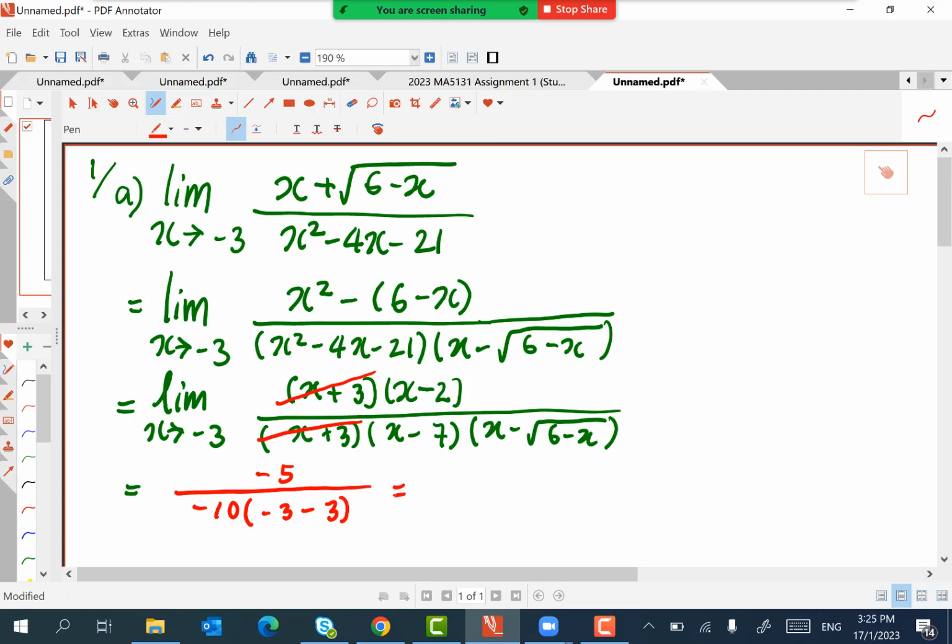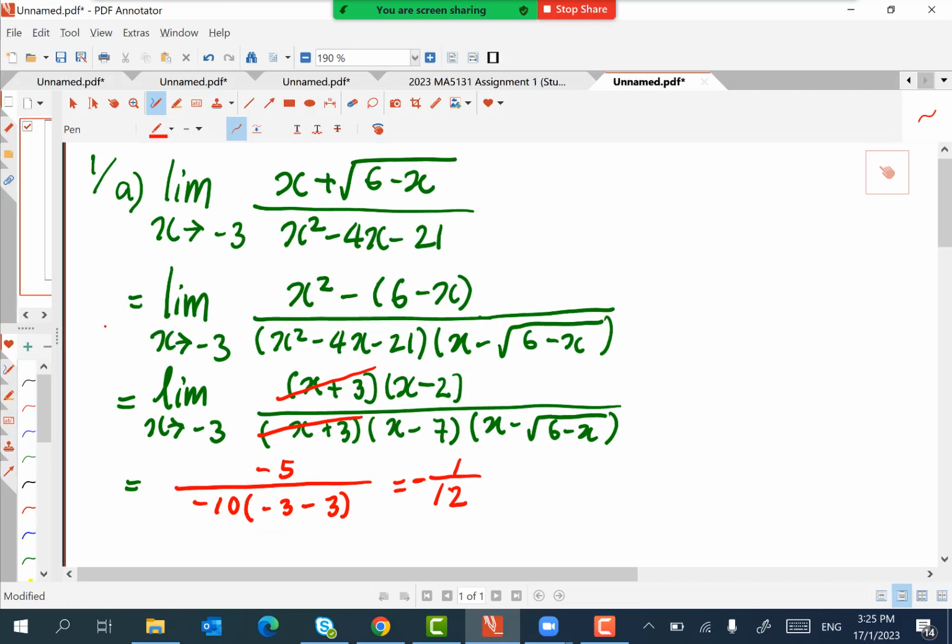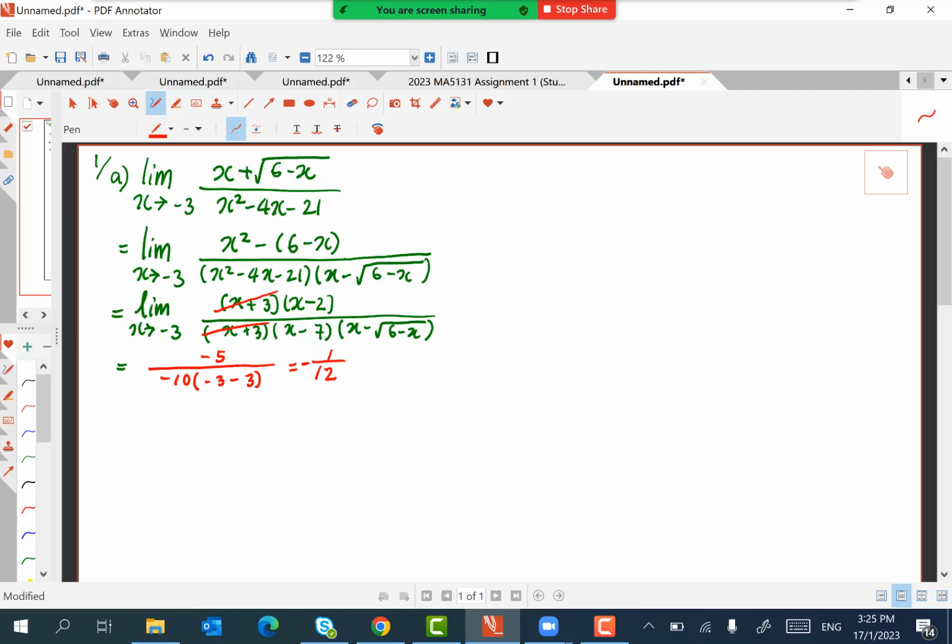So you can get 1 over minus 12. So that's 1A. You must write like this, neatly, show proper steps and working. Okay, now let us embark on 1B.